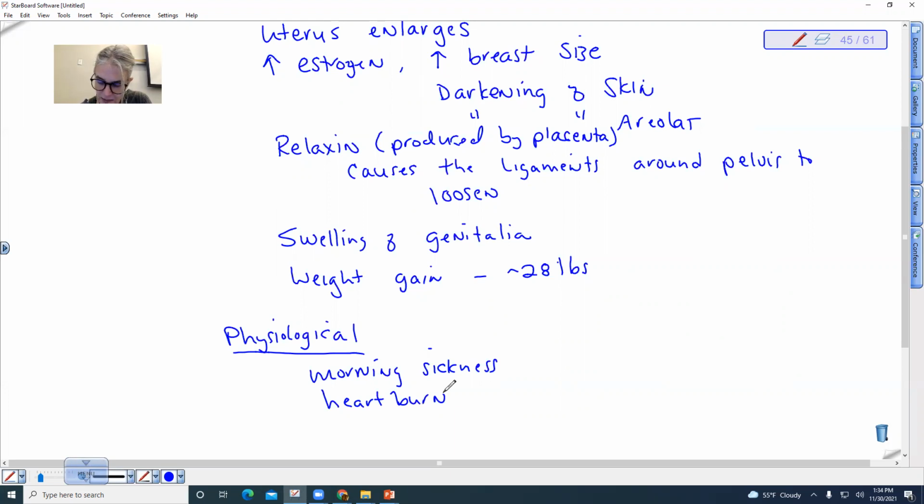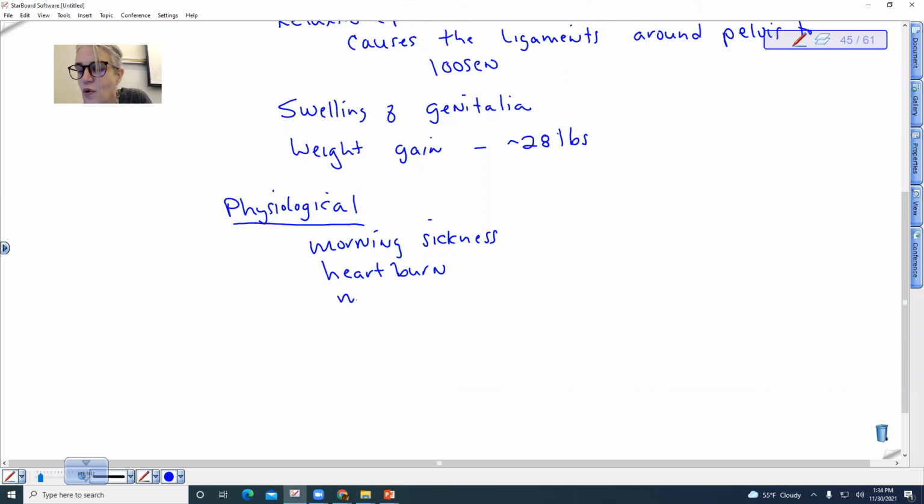We might have more urine to process, and so we might urinate more. This could also be because the uterus is pressing on the bladder, and so it might make us need to urinate more. So you have an increase in urination.